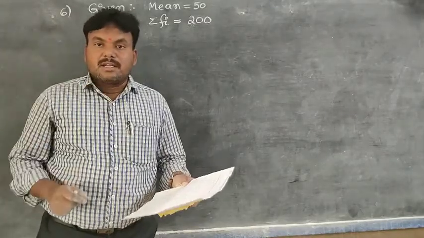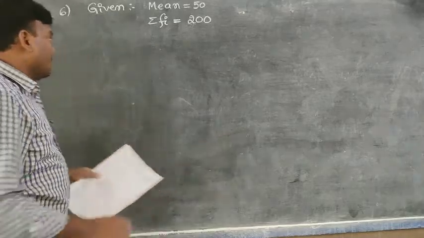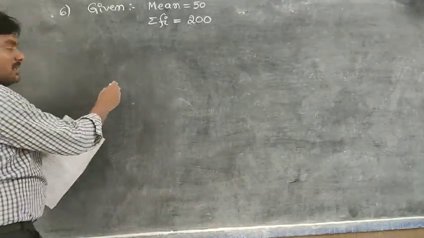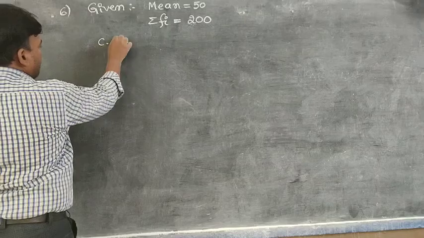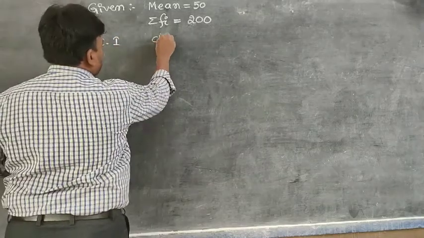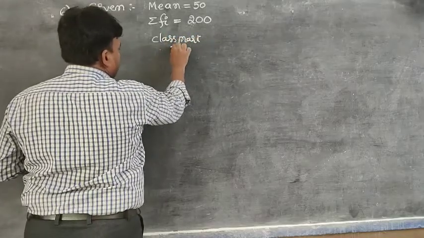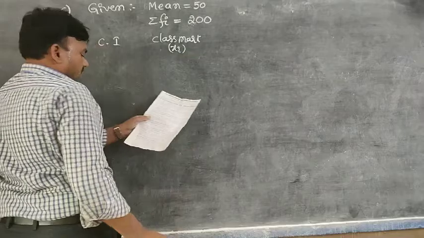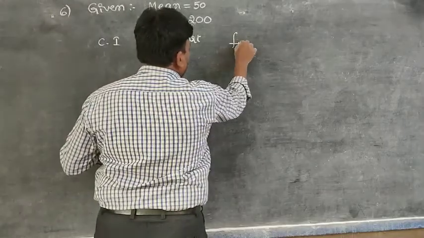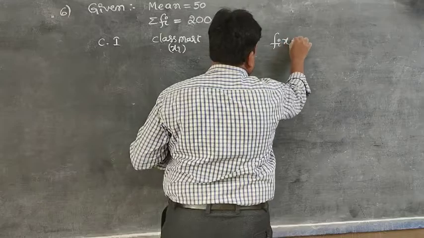By taking the class intervals, we find the mid value of each and every class interval. So first, framing a table. In the table, first we take class intervals, and the second column is class mark, represented xi. Next, the frequencies Fi. Next, the fourth column, that is Fi and xi.